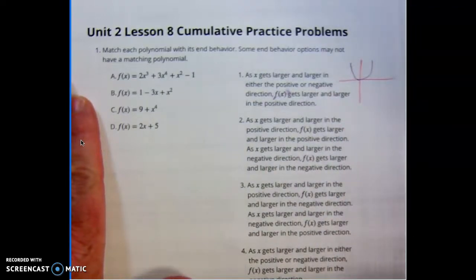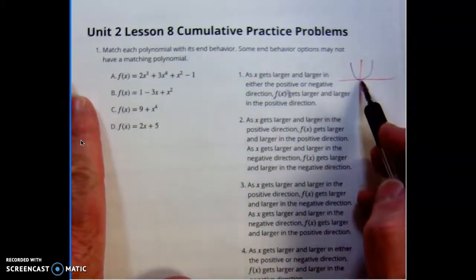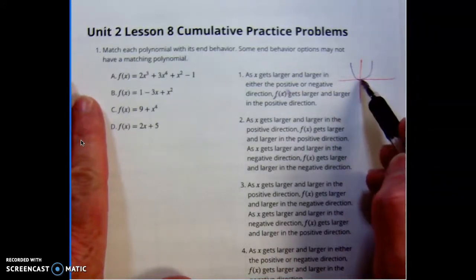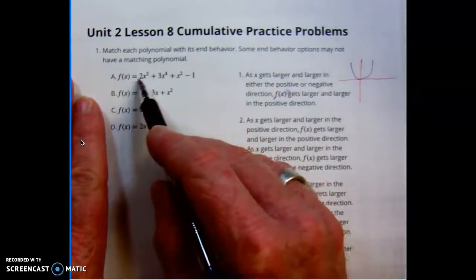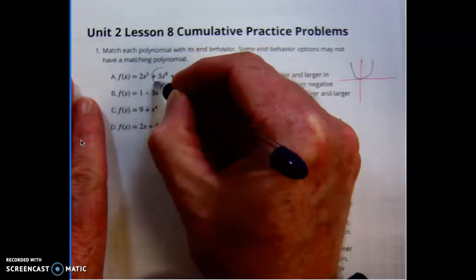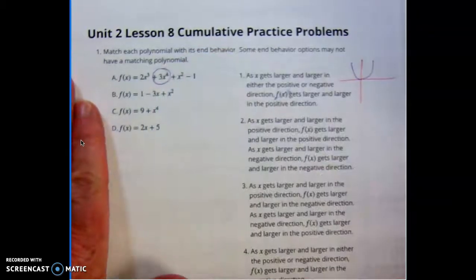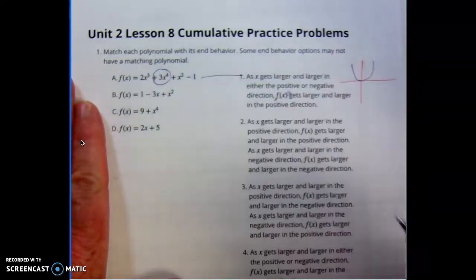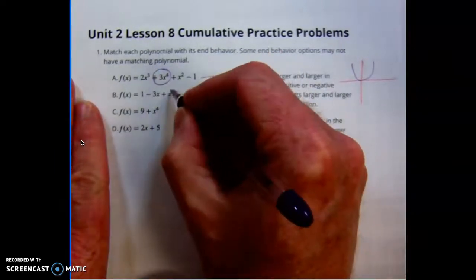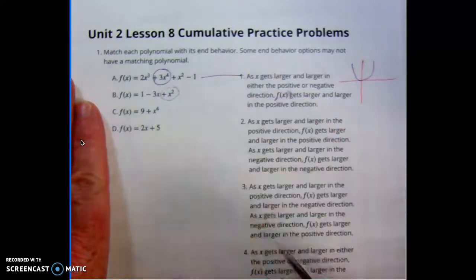Okay, so that means I'm looking for an even leading exponent with a positive coefficient. Now be careful here, this is not in the right order. There's my leading coefficient if I put it in standard form. So A is going to match to 1. Here, there's my leading coefficient.